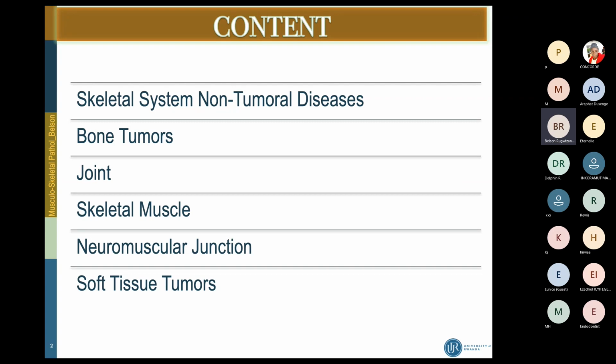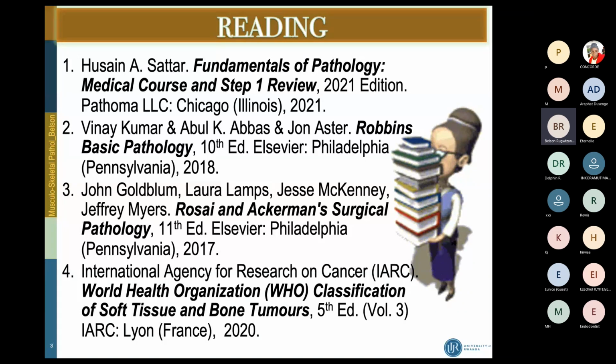Then we shall see the tumors of the bone, the diseases of the joint, the diseases of skeletal muscle, of course excluding tumors, neuromuscular junction diseases, and then we'll end with soft tissue tumors, where we shall see also the tumors of the skeletal muscle, smooth muscle, fibrous tissue, adipose tissue, and so on. So this is the content that we shall cover in this chapter.